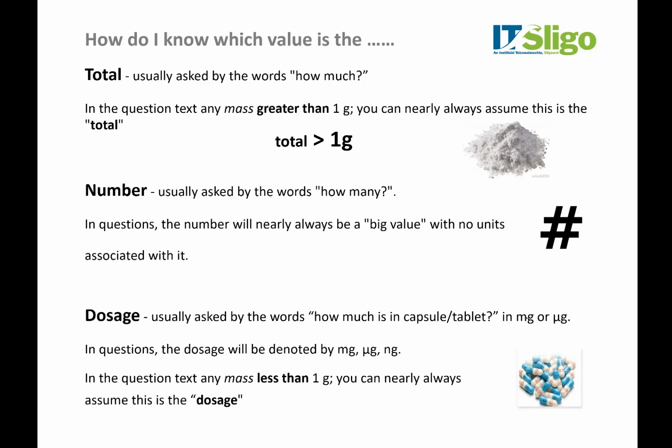So that's just to help you try and figure your way through the problems, as in which values am I given and which value is being looked for in the question. And then you can use the triangle to determine, well, am I multiplying or am I dividing? So dosage, like I said, any value less than 1 gram is the dosage. Any value greater than 1 gram is generally the total. So that's a fairly good rule of thumb.